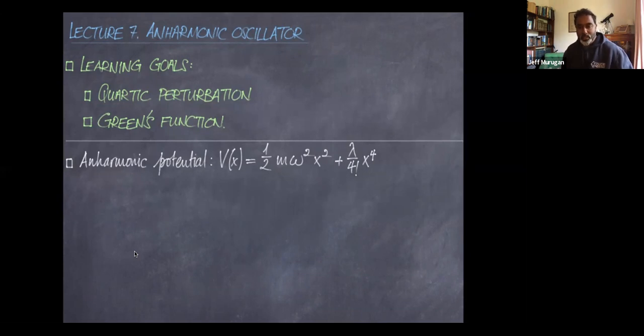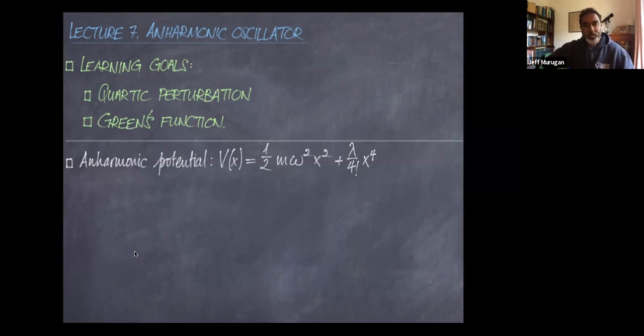The problem is that with this quartic term present, this lambda over 4 factorial, and you can guess already that the 4 factorial is there to simplify some factors of 4 factorial that will come from differentiating the x to the 4 a number of times, again because we've done this already when we computed this integral I of lambda.